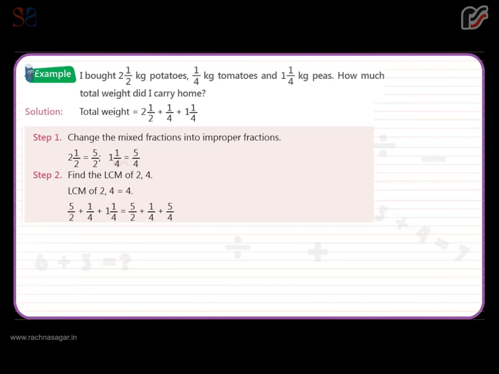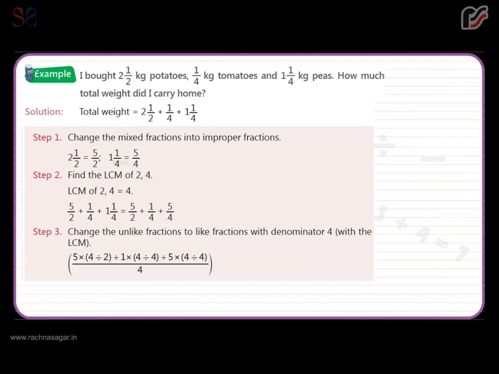5 upon 2 plus 1 upon 4 plus 1 upon 4 is equal to 5 upon 2 plus 1 upon 4 plus 1 upon 4. Step 3. Change the unlike fractions to like fractions with denominator 4, the LCM: (5 multiplied by 4 divided by 2 plus 1 multiplied by 4 divided by 4 plus 1 multiplied by 4 divided by 4) upon 4.